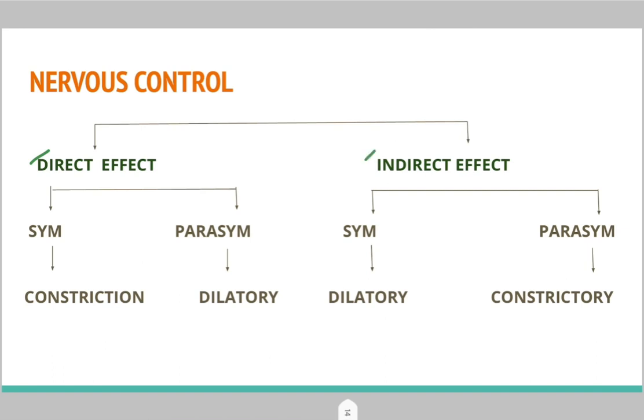Now coming to the nervous control, it has a direct effect and an indirect effect. The direct effect of the sympathetic leads to constriction and the parasympathetic will lead to dilation. We know this. But the indirect effect of sympathetic causes dilation and the parasympathetic causes constriction.